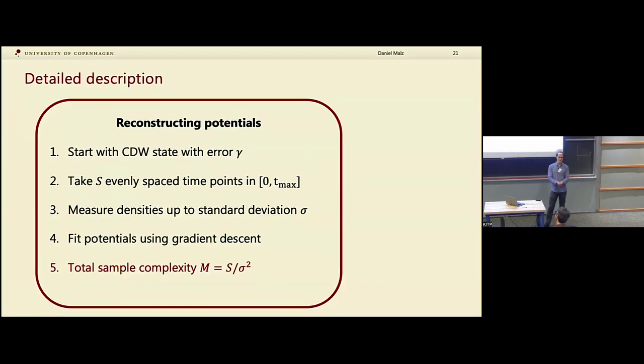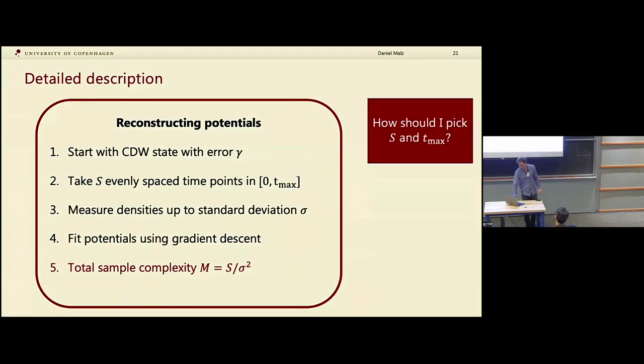For that, we need a number of snapshots per time point of 1 over sigma squared. Then we fit the potentials using a basic gradient descent optimization algorithm. In the end, you have a total sample complexity for this algorithm of S divided by sigma squared. Quite simple.